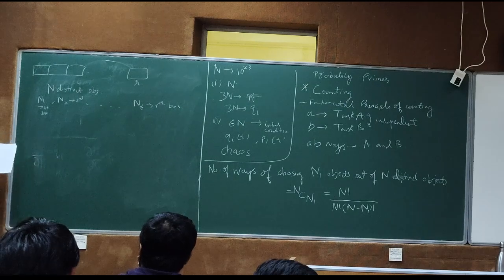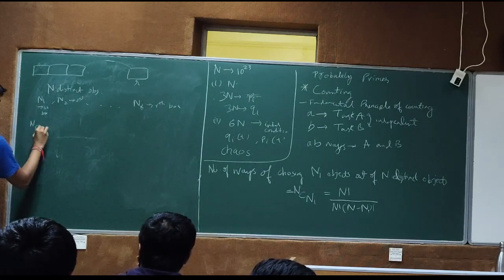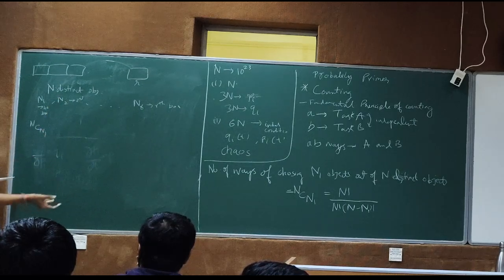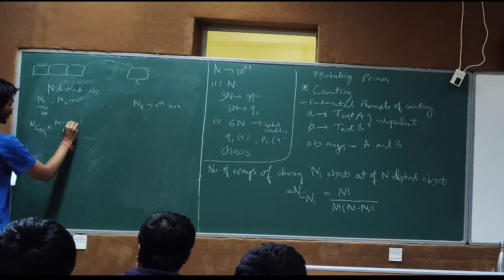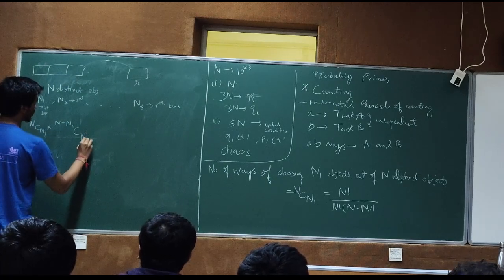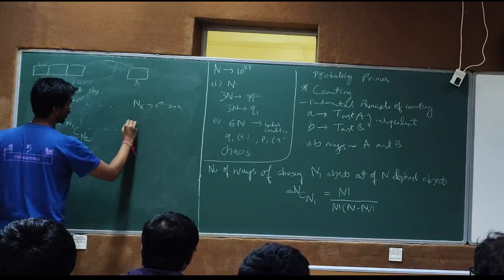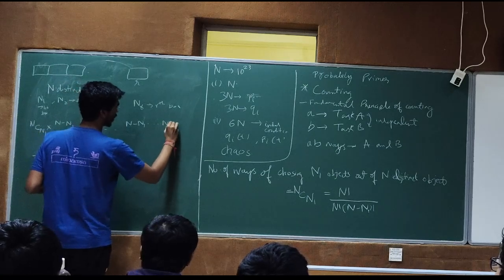The number of ways of doing this is: you choose n1 objects out of the n and put them in the first box. Out of the remaining n minus n1 objects, you choose n2 and put them in the second box, and so on.